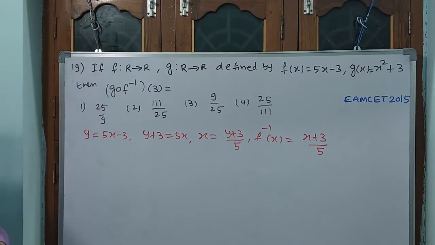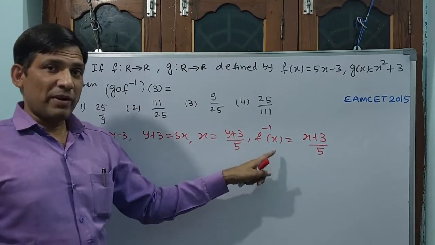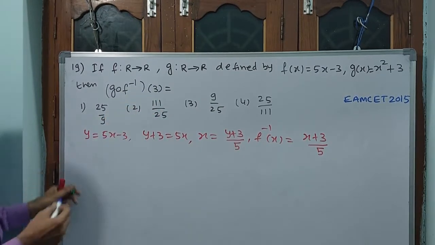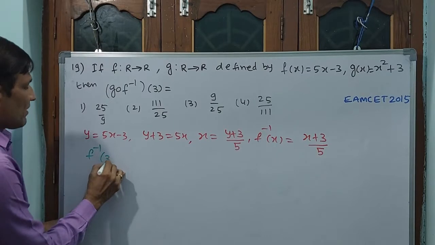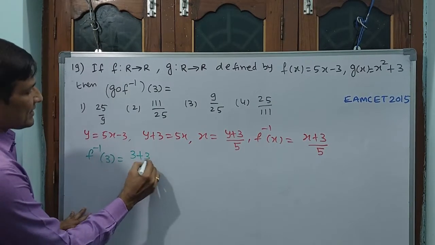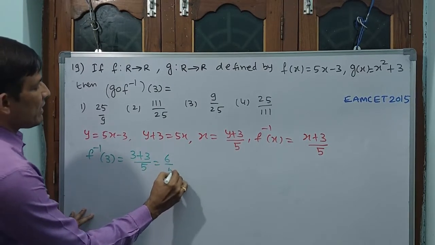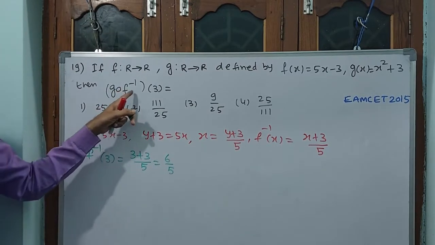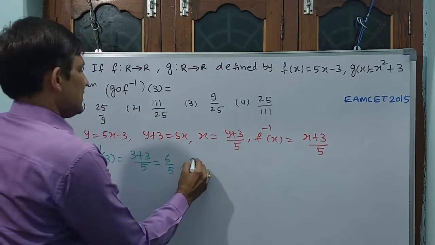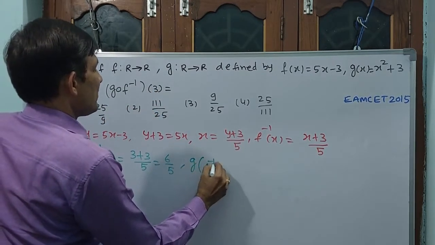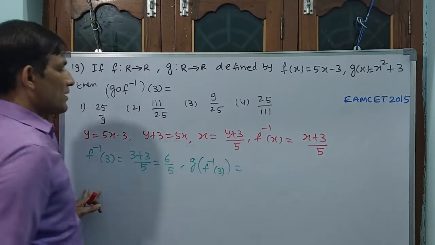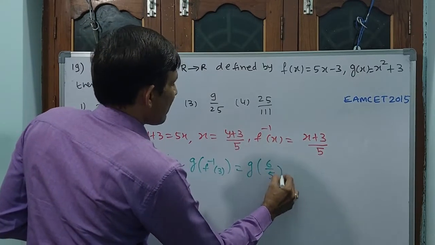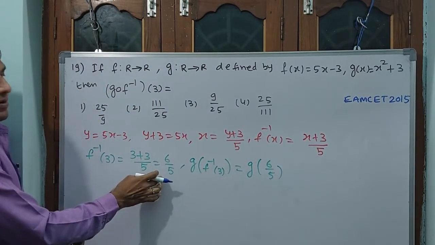Okay. Now you have received f inverse of x, in terms of x only, as a function. Now you substitute 3. F inverse of 3 you want. Write down: f inverse of 3 is equal to 3 plus 3 by 5, that is 6 by 5. But you require g of f inverse of 3. Write down again, g of f inverse of 3. F inverse of 3 is 6 by 5, so write down g of 6 by 5.